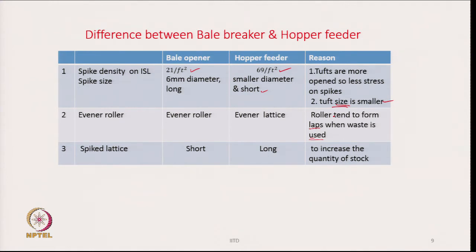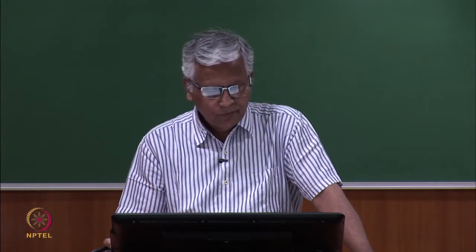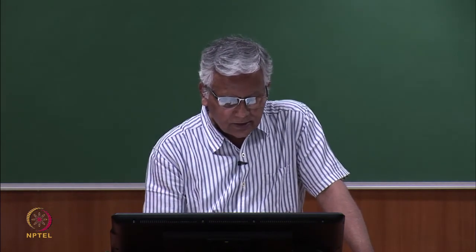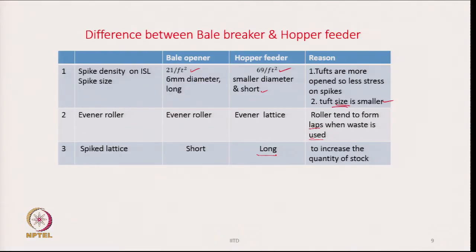If the spikes of the Ebner roller get filled up with fibers, then the opening intensity will go down. Therefore, we have to ensure that the Ebner roller striking elements, or spikes, whatever we say, should not hold the fibers. And the other thing is that the spike lattice is short and long, as we have already discussed.